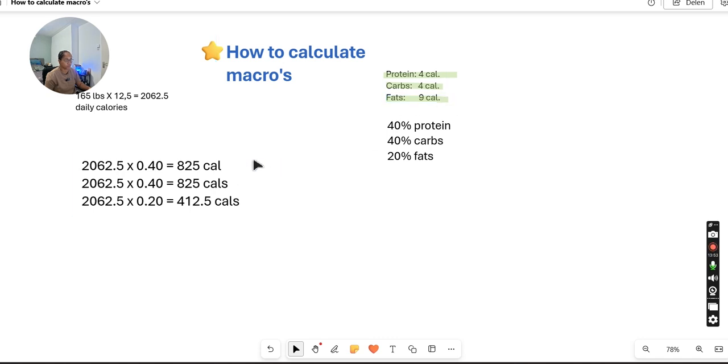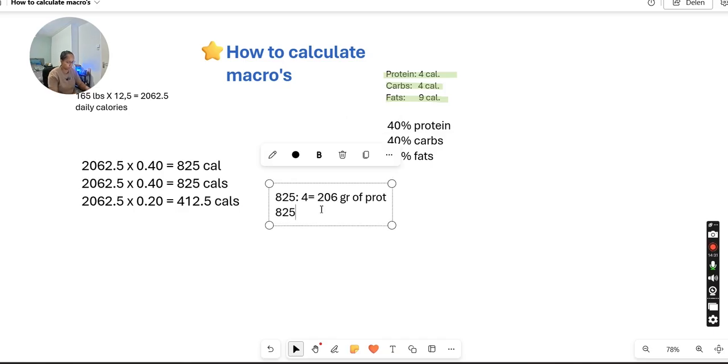So what we're going to do is, here we're going to do 825 divided by 4. Let's do a quick calculation here. 825 divided by 4 is 206 grams, 0.25. Let's make it 206 grams, right? Of protein. So that means also for carbs, I'm just going to spell it out just like that.